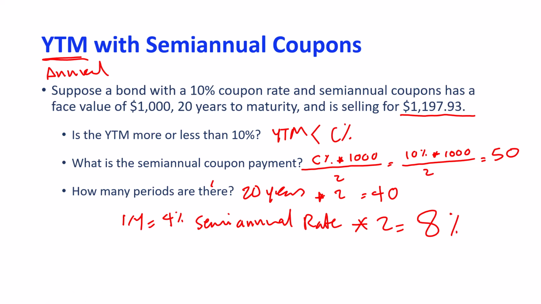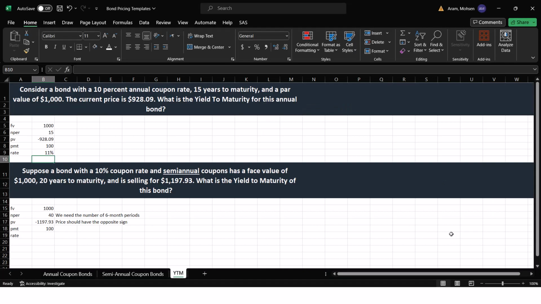Let's do the same thing in Excel. We have $1,000 for the face value. Number of periods is going to be 20 years times 2. And then price is 1,197. And then payment is going to be 100 divided by 2.